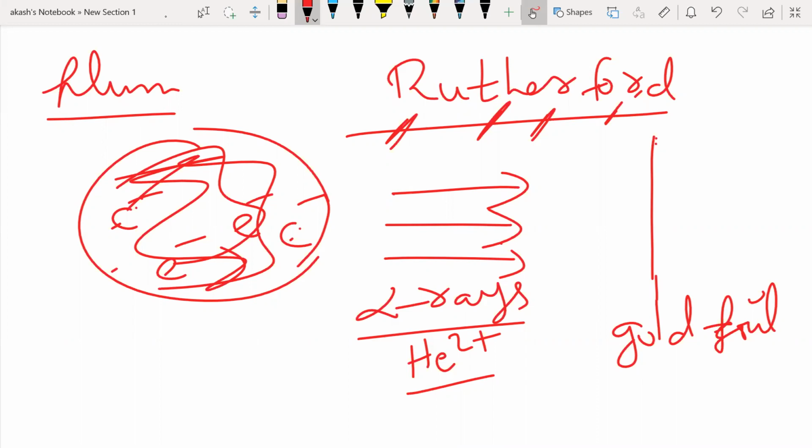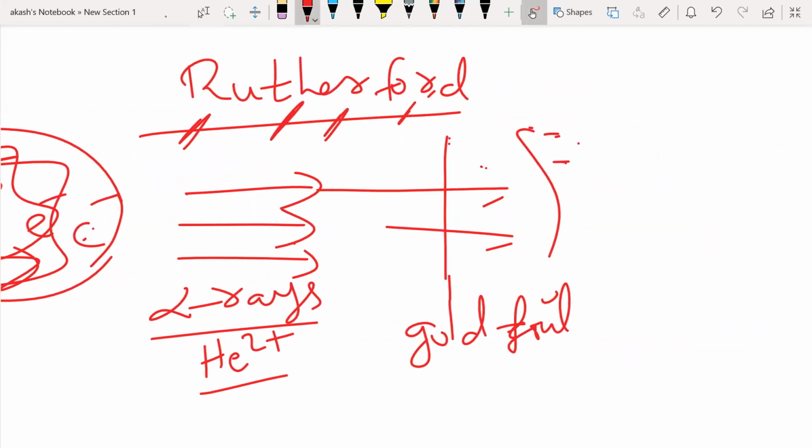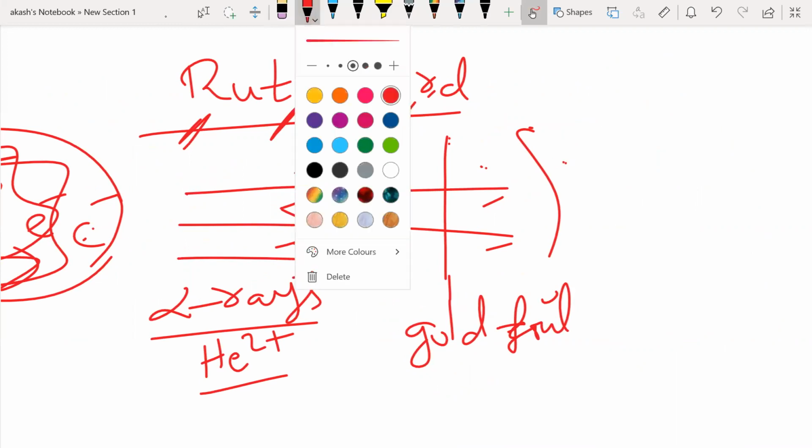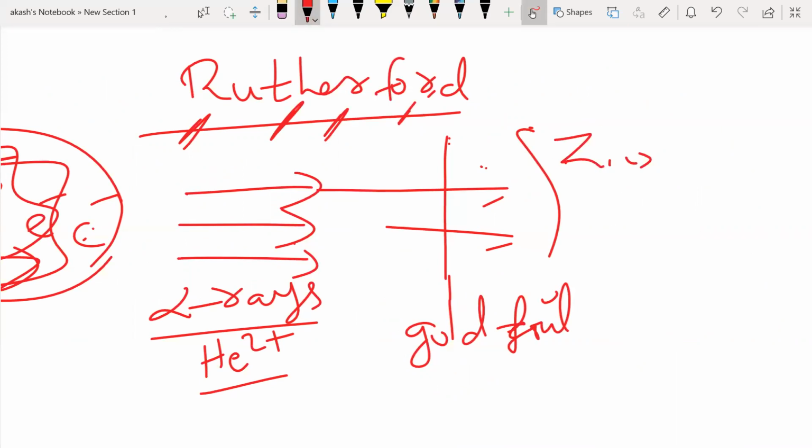So, first observation is most of the rays just passed through the gold foil. Again, he was able to prove it with the help of a ZnS screen here.